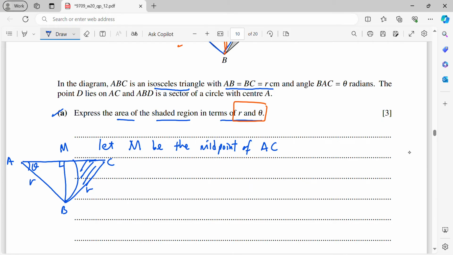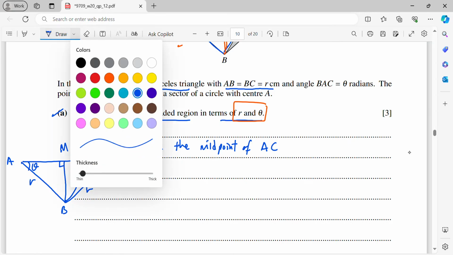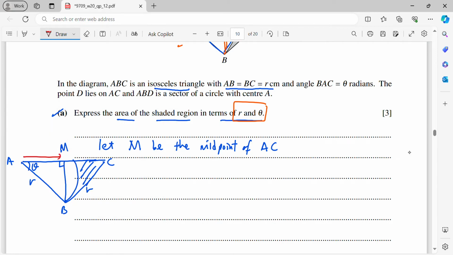Okay, now to get the AM, refer to the triangle ABM. So now here, basically, when you refer to the theta, this is the adjacent side, and this is the hypotenuse side of the theta. So adjacent over hypotenuse is basically cos.